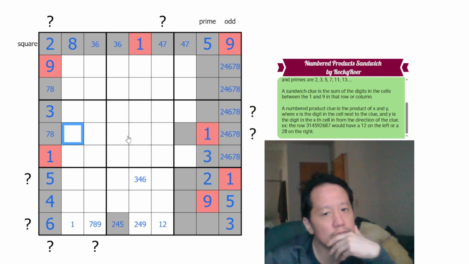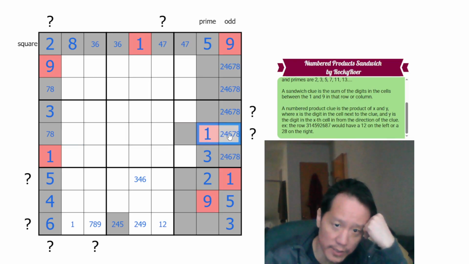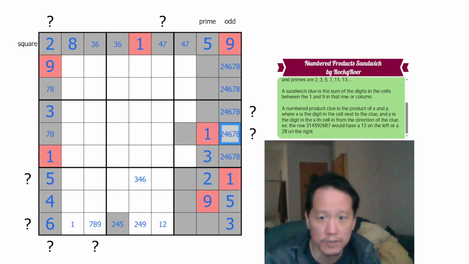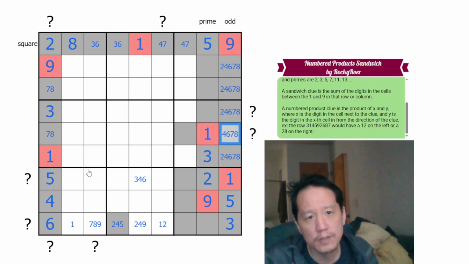Okay. This cannot be 2, because what can be in between the sandwich cannot be 2 times 1. This is obviously not a sandwich clue.